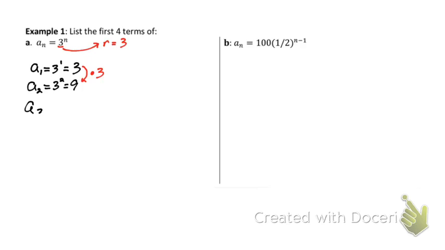Hopefully this pattern continues: the third term will be 3 cubed, which does equal 27. So once again, that pattern holds, and it's times 3. And our last one will just be times 3 as well. So my a sub 4 is going to equal 3 times 27, which gives me 81.